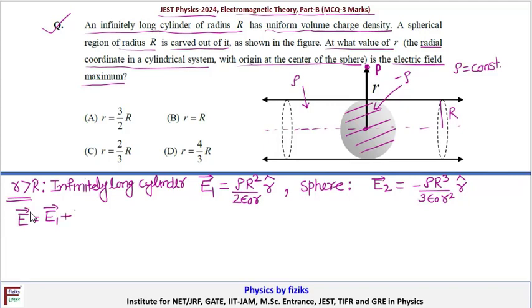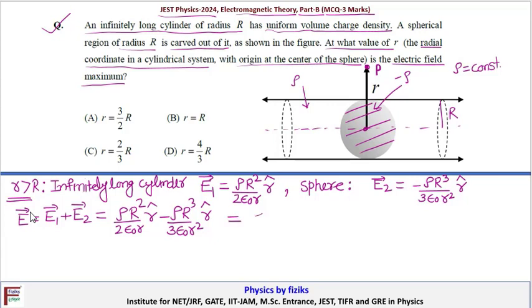We have to take the vector sum. So that will be given by, if we take the first term as rho R square by 2 epsilon naught r, r cap, minus rho R cube by 3 epsilon naught r square, r cap.